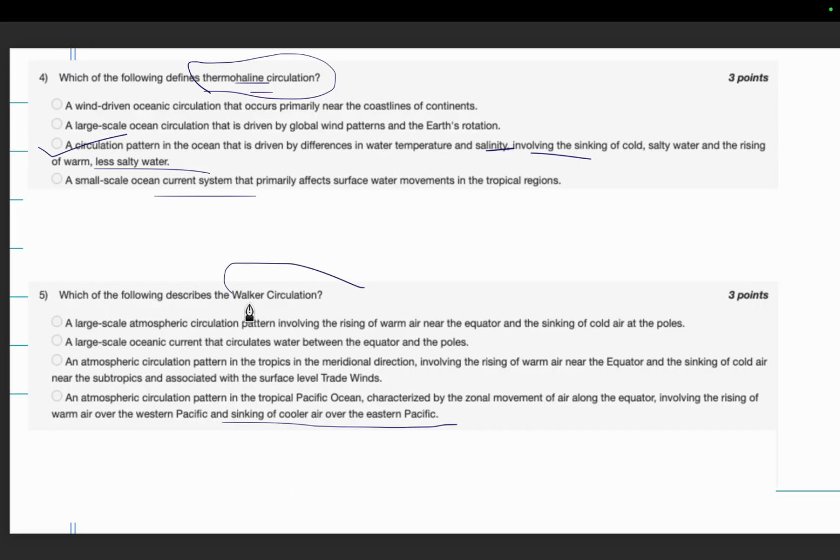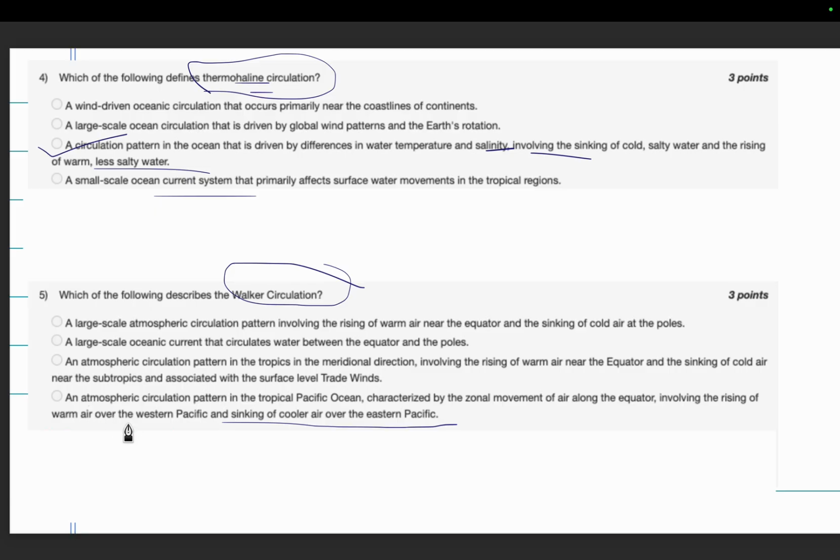This Walker circulation is what type of circulation? Is it an atmospheric circulation or an oceanic circulation? Question 5, option D is correct.